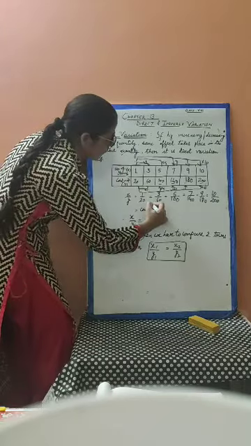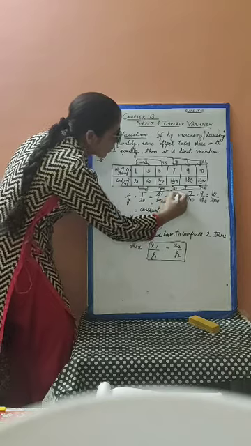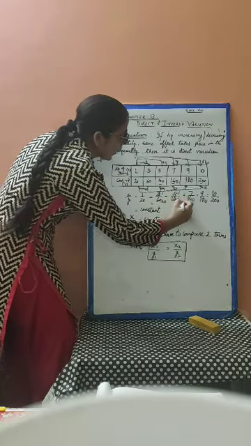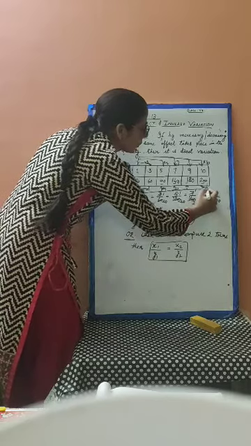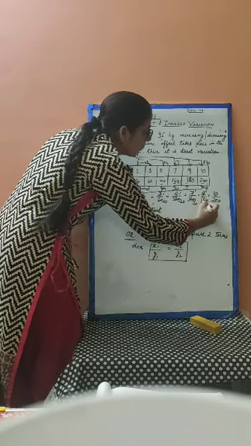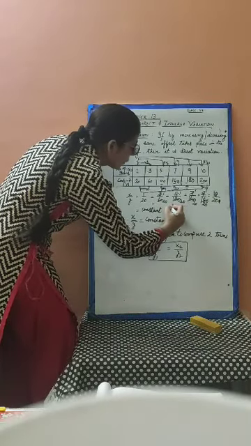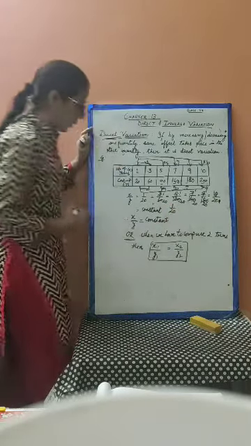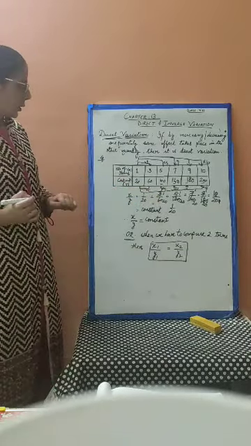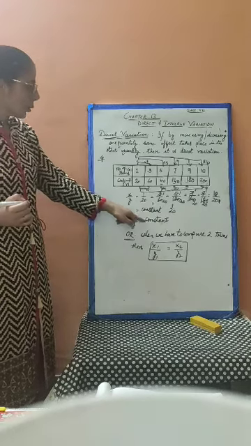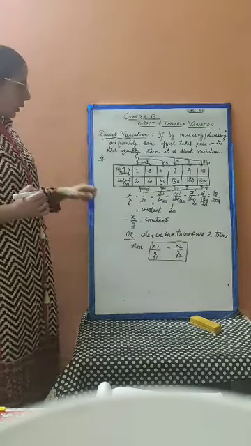It is again 3 upon 60 which is 1 by 20, 5 upon 100 is 1 by 20, 7 upon 140 is 1 by 20, 9 upon 180 is 1 by 20, and it is also 1 by 20. So in all the cases we are getting x by y as 1 by 20. It means x by y is constant in case of direct variation.